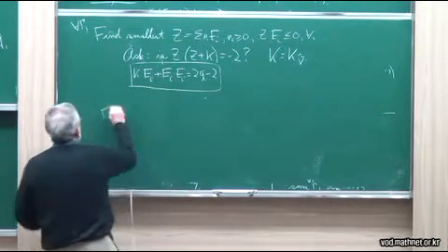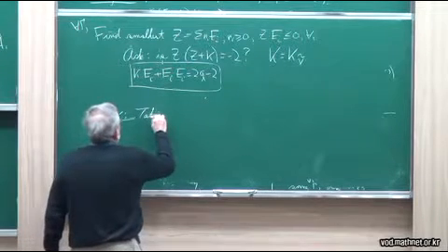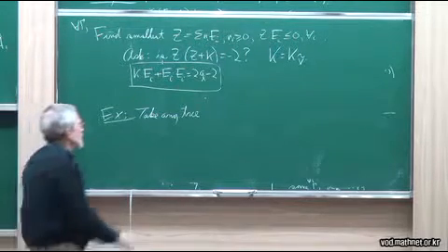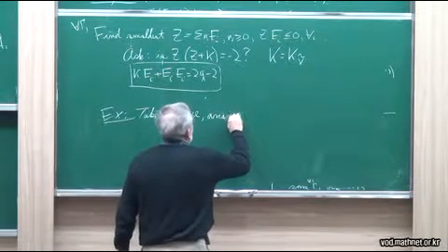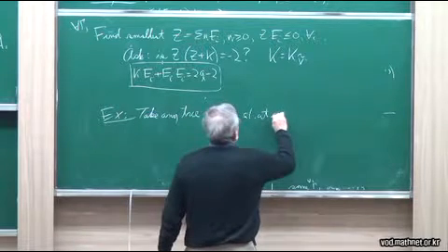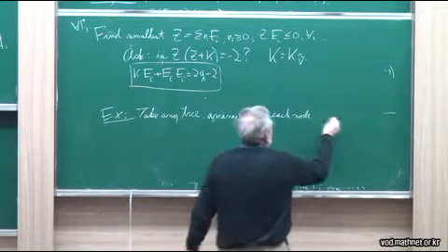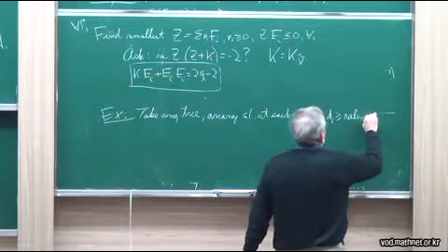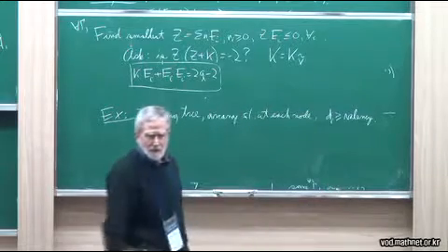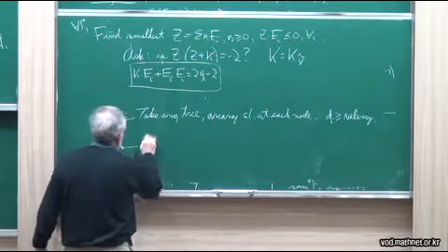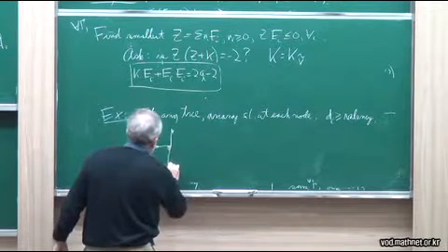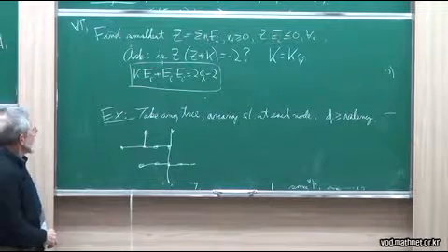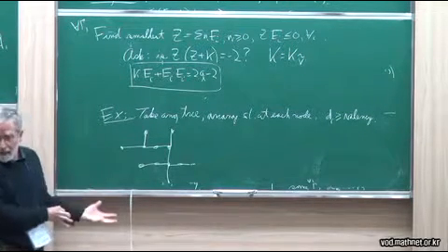So for example, take any tree and arrange weights such that at each node, this number di is greater than or equal to the valency. Valency means number of things that intersect. So take your favorite graph. So there's the tree, but it's not weighted yet.